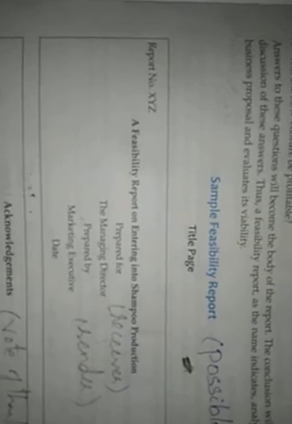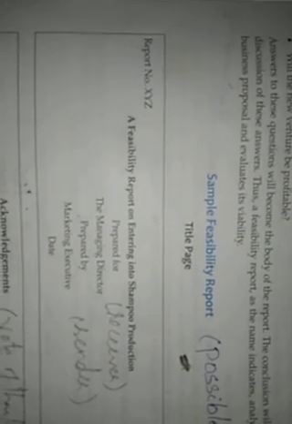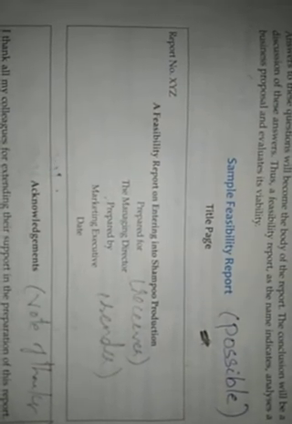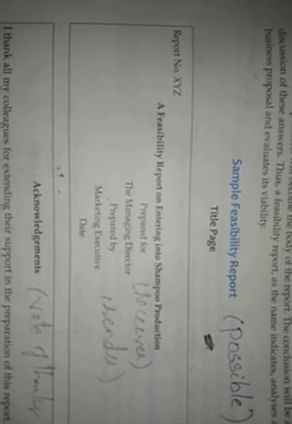Report number XYZ. I already compared the title page of the report with your assignment title page. So you are going to write it all together: A feasibility report on entering into shampoo production.